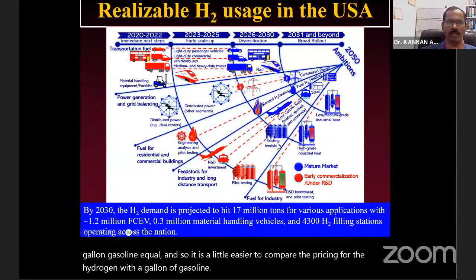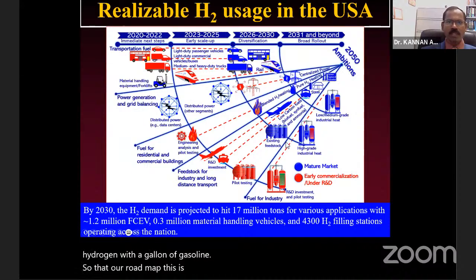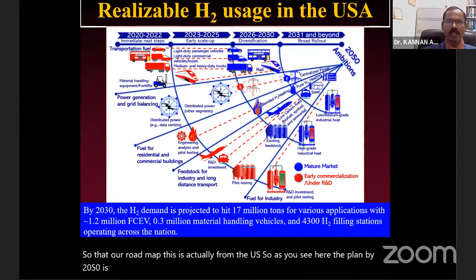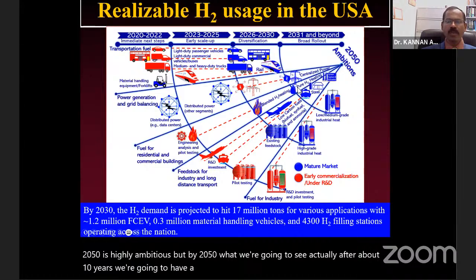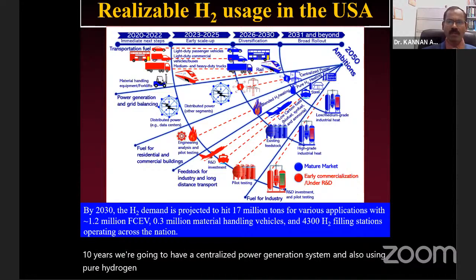So there is a roadmap. This is actually from the US. As you see here, the plan by 2050 is highly ambitious, but after about 10 years, we're going to have a centralized power generation system, and also using pure hydrogen, not by mixing it with natural gas, for various heating applications and also in manufacturing.